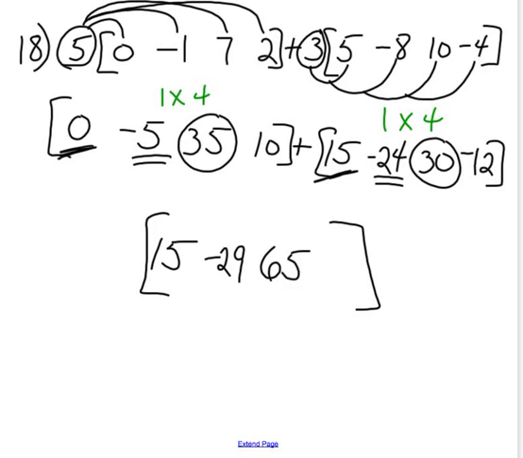And finally, 10 plus the -12. 10 plus -12, -2. I have my answer matrix, which also is 1 by 4.